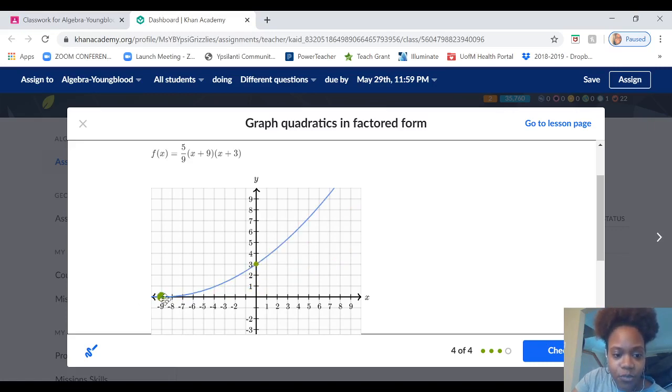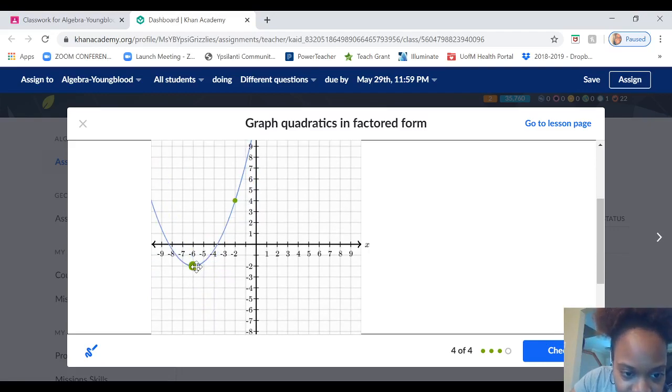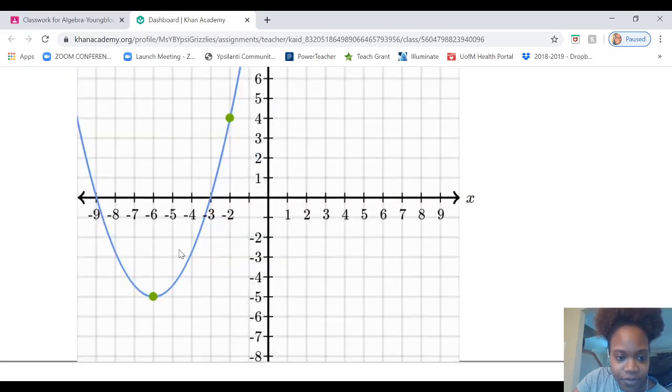So you see I tried to move this point over to be one of my zeros, but as I'm moving this point, it's actually showing that that point needs to be my vertex. So again, we said our vertex was negative 6, negative 5. So we need to bring it down, negative 6, negative 5, right? So x is -6, y is -5.